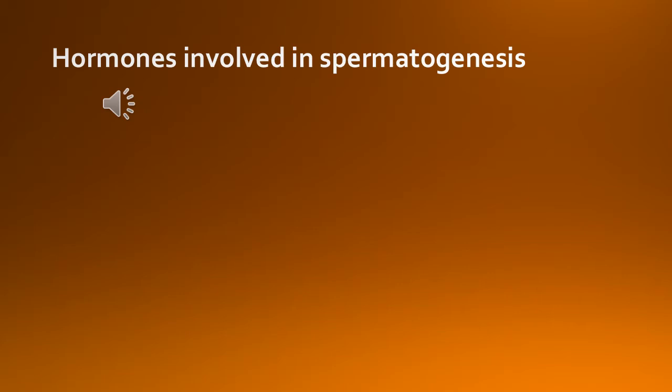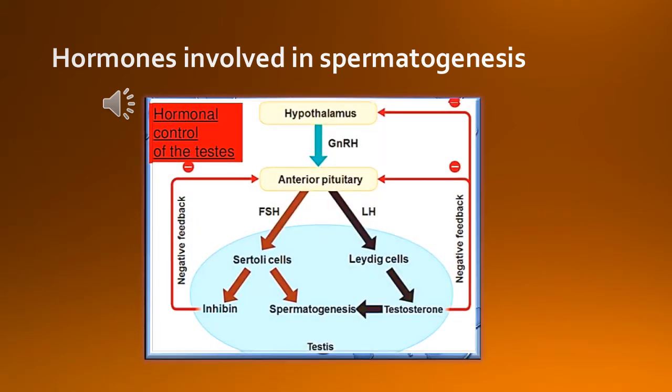At the beginning of puberty, the hypothalamus of the brain starts to secrete a high amount of GnRH, that is gonadotropin releasing hormone. This in turn stimulates the anterior pituitary gland to release FSH and LH, that is follicle stimulating hormone and luteinizing hormone, into the testis for the first time.